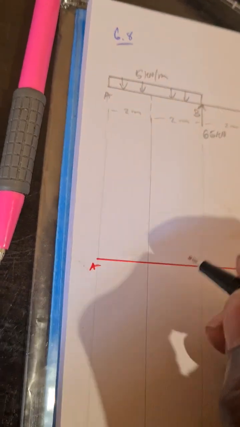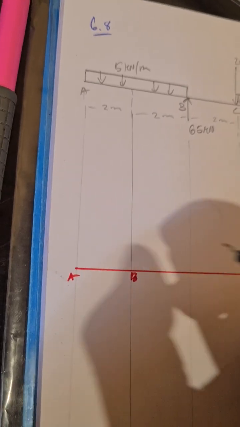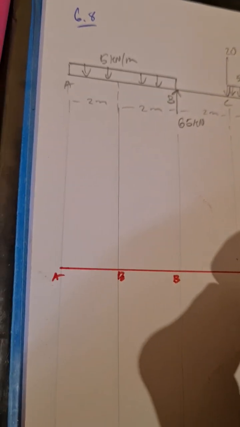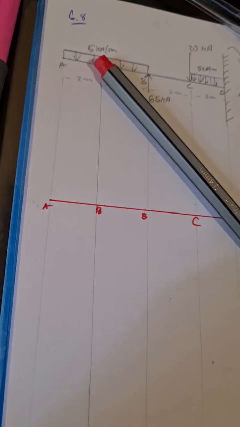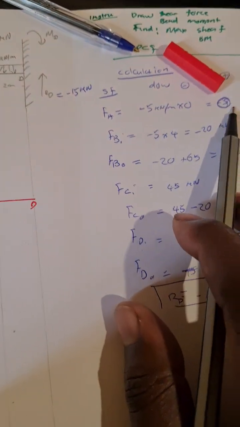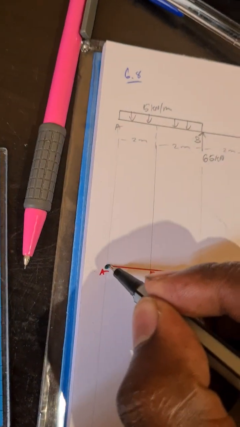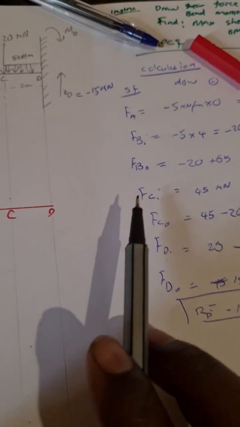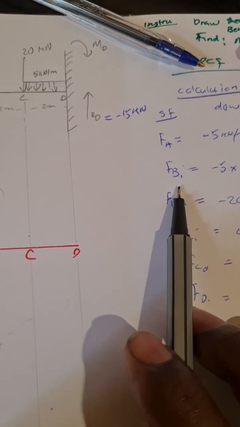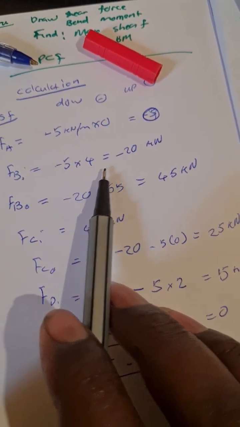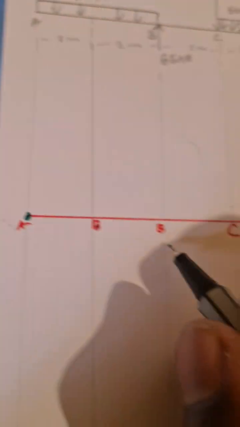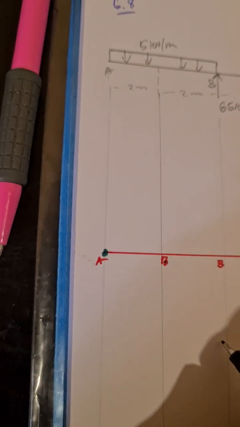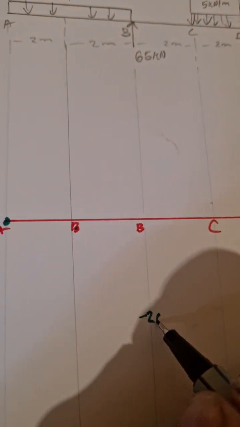So we have A. This is not B. B here. C and D. And then again with green. So now let's check. Force at A is 0. Then force before B is minus 20. So you go first to B and then minus 20.